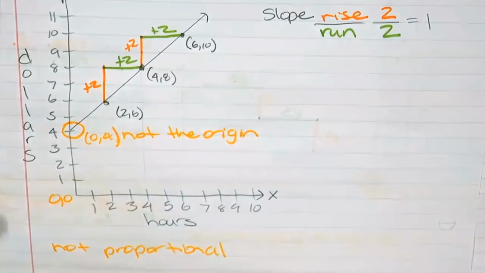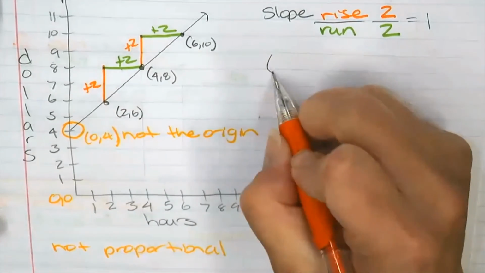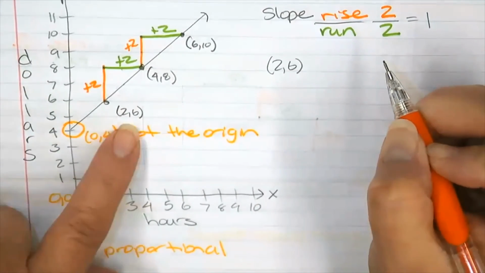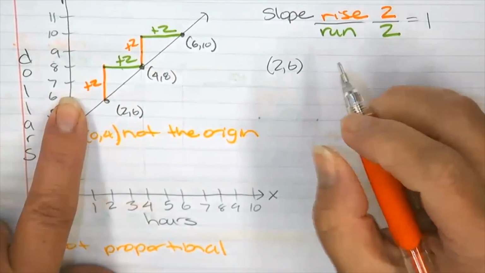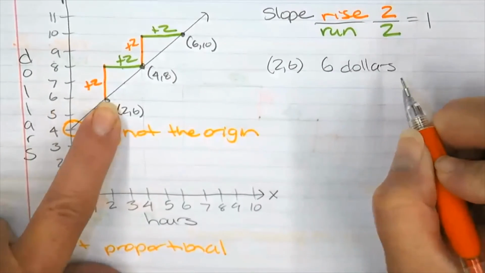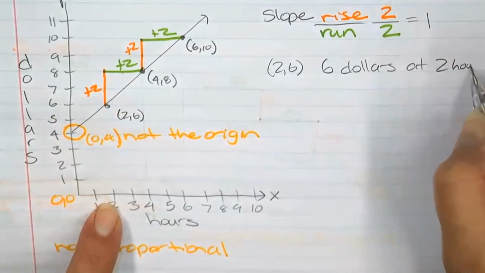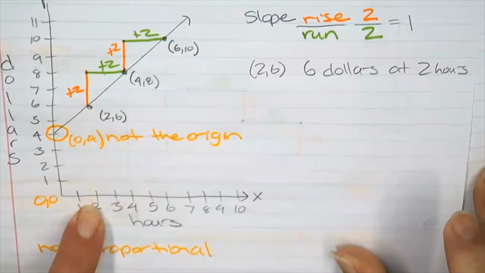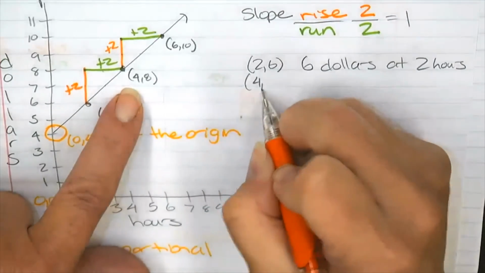But how do we describe each point? So let's describe the point 2, 6. What this means is we have $6 at 2 hours. Let's take a look at the point 4, 8.